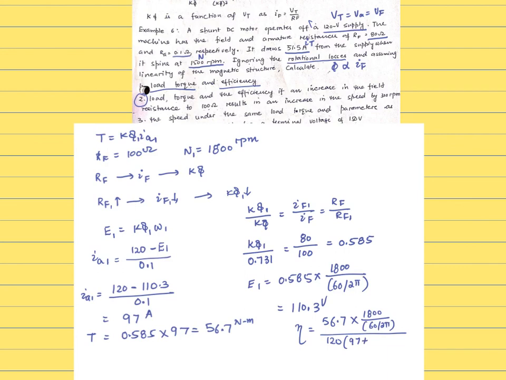IF is the voltage, VF now is still 120 divided by the resistance, which is 100 now, not 80, right? And it gives you an efficiency of 90%. What was the value in the first case? That was 93%. What we did now, we increased the field winding resistance. So the losses are more and the efficiency is less. So that's part 2 of the question.